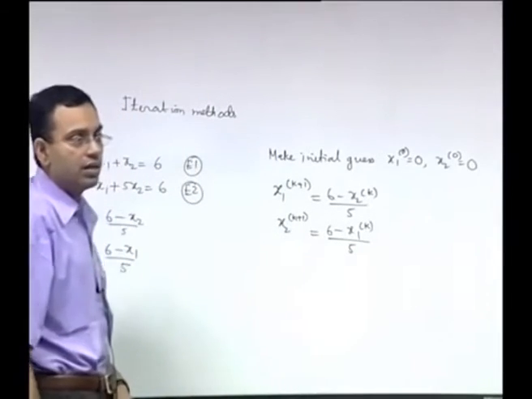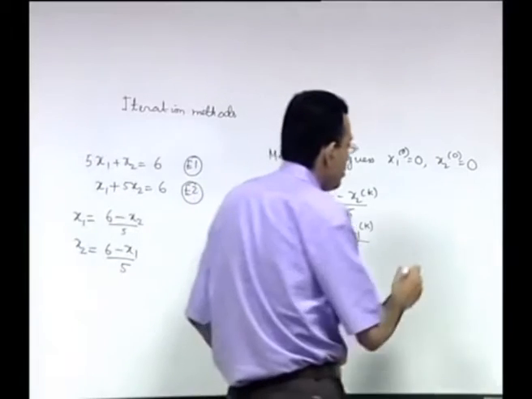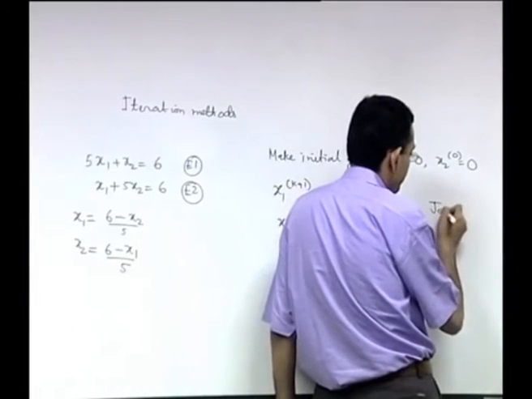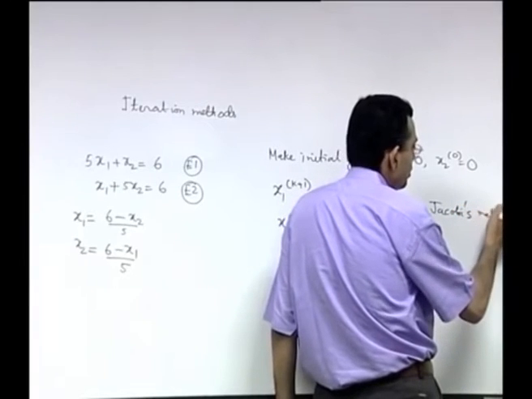If we write the corresponding formula in this way, then this is known as Jacobi's iteration scheme or Jacobi's method.